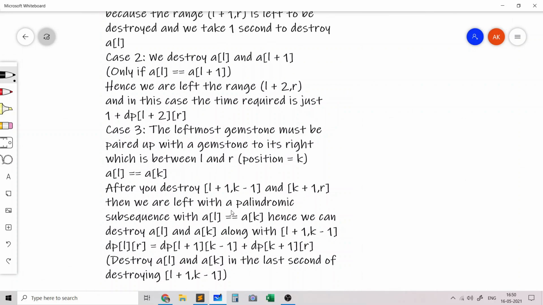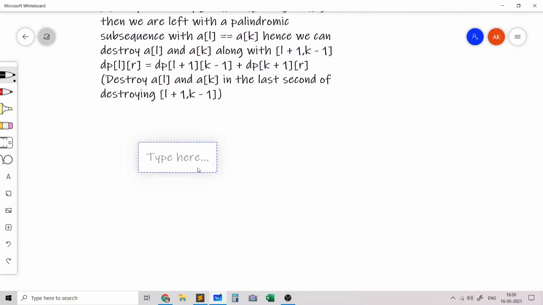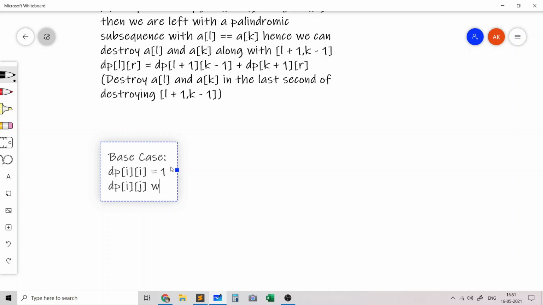So now that I've covered the three cases in our transition, let's just look at the base case. So in the base case, we would have dp of I I to be 1 because we take 1 second to destroy AI, and dp ij where j is less than I will be 0, because basically invalid states we'll define them to be 0.